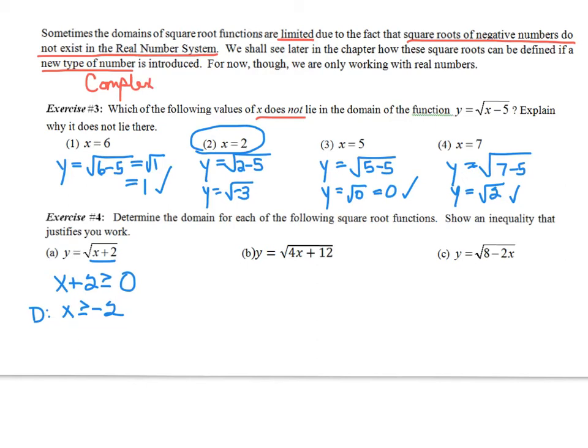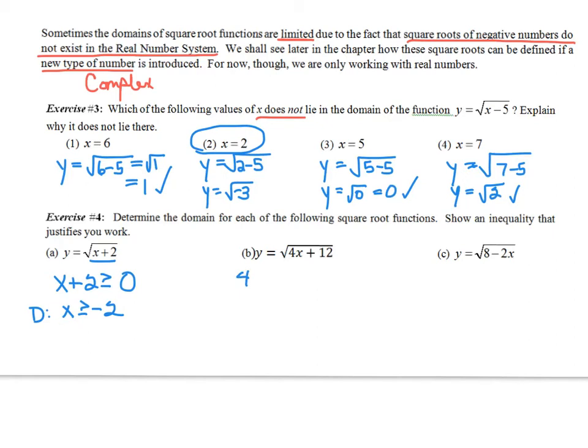So the domain is clearly the set of all numbers x such that x is greater than or equal to negative 2. So we are starting to see that the domains of square root functions are limited by what the radicand is. Let's go to part B.